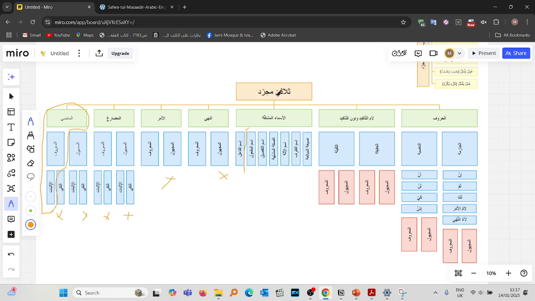This is related to Thulathi Mujarrad. You could copy this times 4, or you could copy the majority of this, not all of it, times 4. This is for the Thulathi Mujarrad. You can copy it for the Thulathi Mazid Fi, Rubai Mujarrad, Rubai Mazid Fi. But not all of these discussions will be copied to the other 3. Some of these Al-Asma'ul Mushtaqqa will not be copied to the Thulathi Mazid Fi, Rubai Mujarrad, Rubai Mazid Fi.